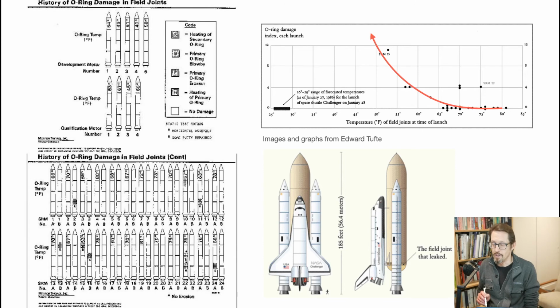How much damage there had been, they would have been able to see from all the dots of all the missions that maybe there was something like potentially even an exponential in here, where going much lower was going to result in extreme damage to the booster.